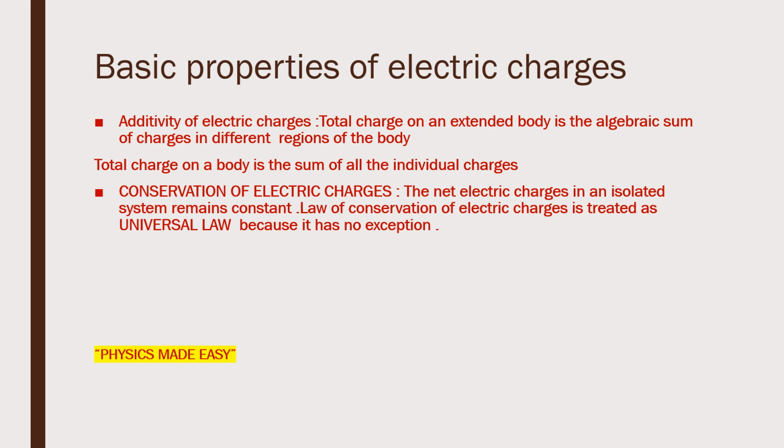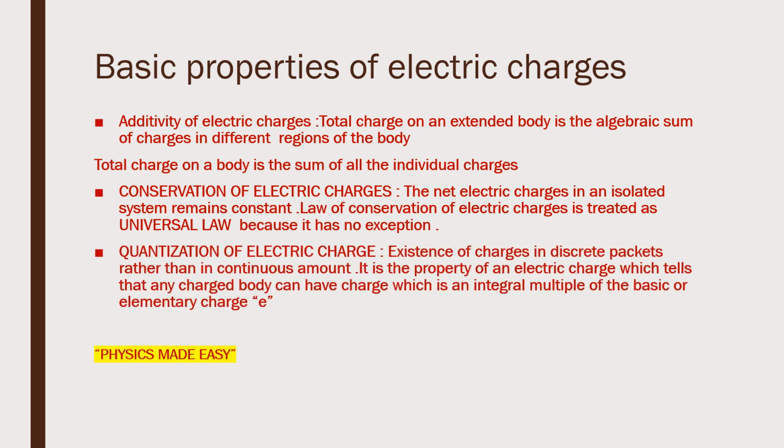In other words, net charge can neither be created nor destroyed in an isolated system. It suggests that there can be transfer of electric charge from one body to another body, but there is no creation of charge in an isolated system.